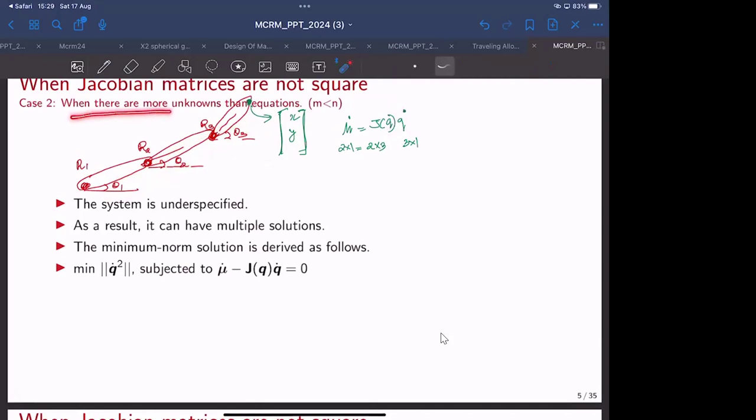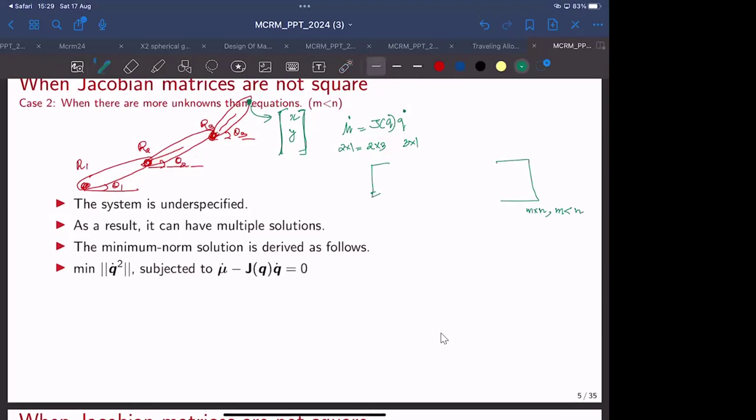And if there are more unknowns than the number of equations, how would you solve for these unknowns? In this specific example, the Jacobian is a 2x3 matrix, a very wide matrix. Earlier case, it was a tall matrix. Now it's a wide matrix, m cross n. Here, m would be less than n.